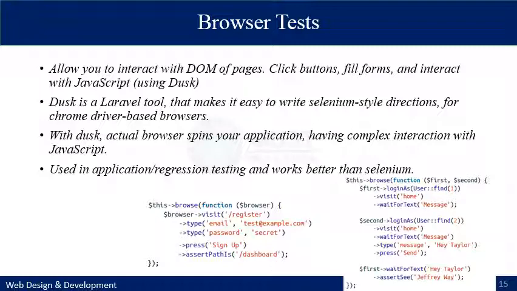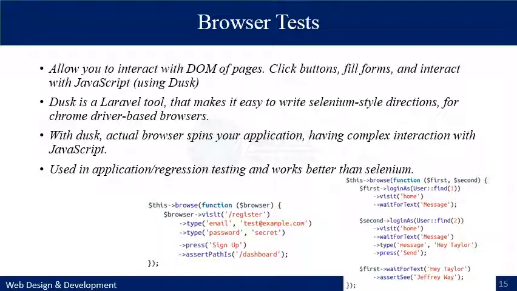Dusk is a Laravel tool that provides an easy way to write Selenium style directions for Chrome driver based browsers. With Dusk, an actual browser spins up your application having complex interaction with JavaScript. So it is used in application and regression testing and it works better than Selenium.